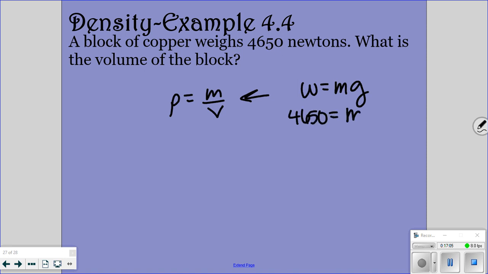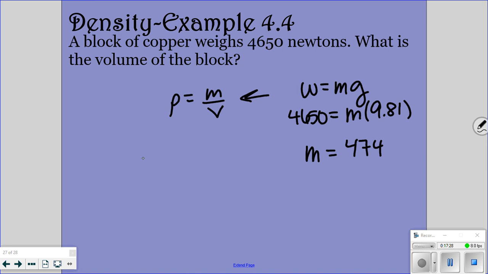We don't know the mass, and we know our gravity is 9.81. So if you divide, you should get 474.006. I'm just going to write 474. We're going to use the whole number from our calculator, but I'm just going to put those 3.